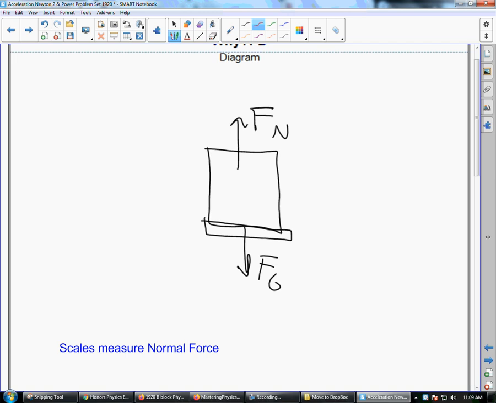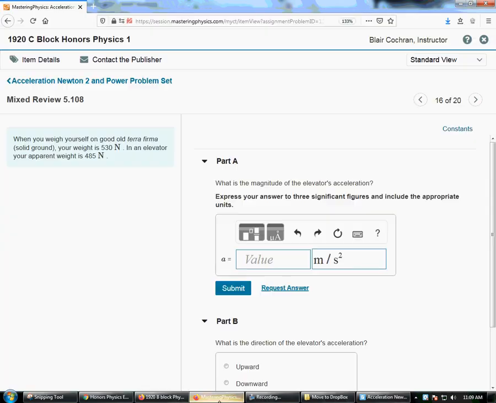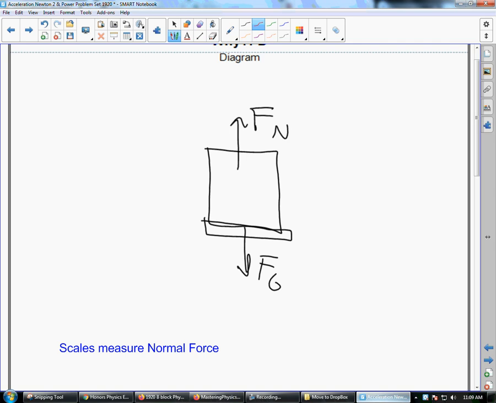Now they tell us the normal force, for mine at least, is less than the weight, in my case, right? So I have to think about, okay, that means if this normal force is less than my weight, which direction is my net force?